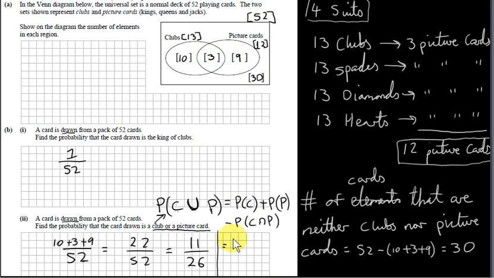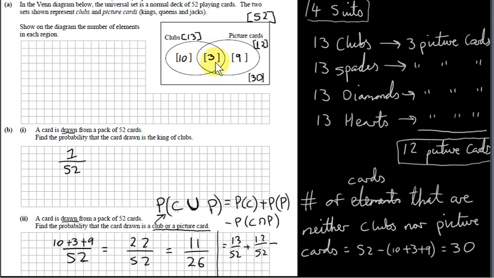So P of C is 13 over 52. Plus the probability of getting a picture card is the number of picture cards, which is 12 out of the total number of cards, which is 52. So 12 over 52 is the probability of drawing a picture card from 52 cards. And we have to subtract the probability of drawing a card that is both a club and a picture card.